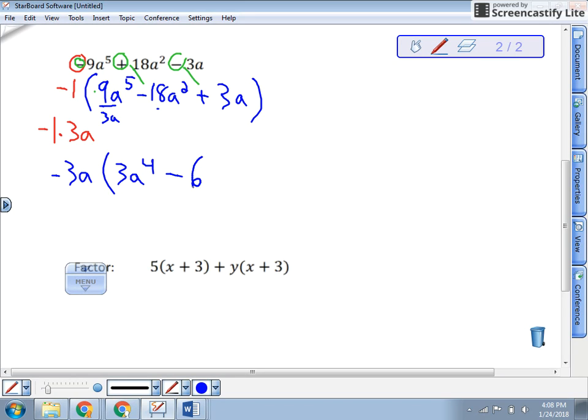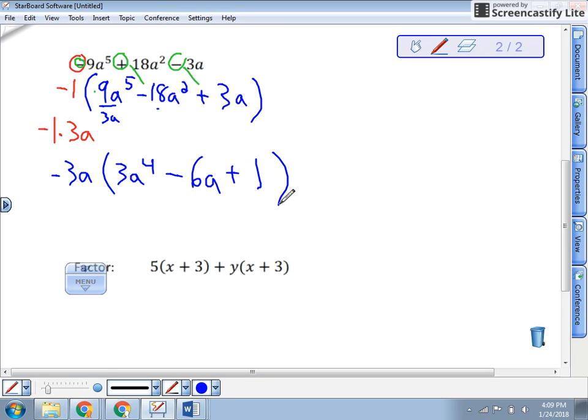And then now, I took out a 3a from this last term. -3a times what would give me positive 3a? Oops, sorry. -3a times plus 1 would give me back my original -3a. So there you go. That's how you do these problems. And then you can see there, that is factored correctly.